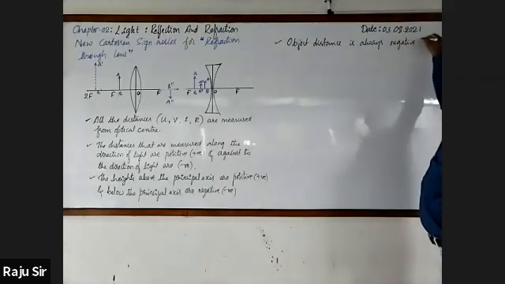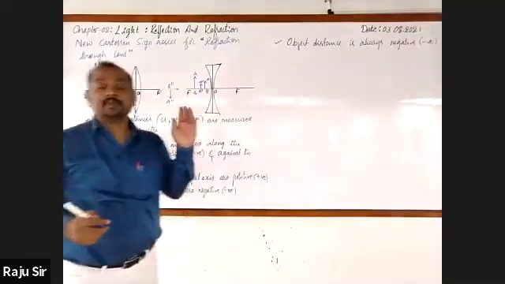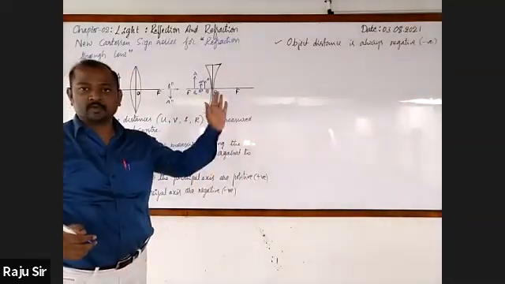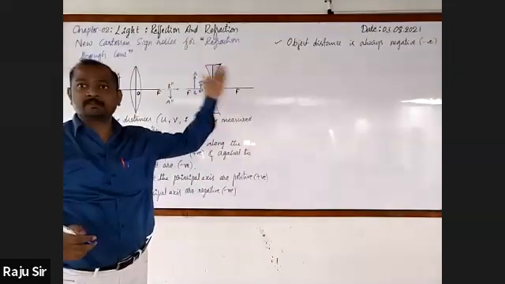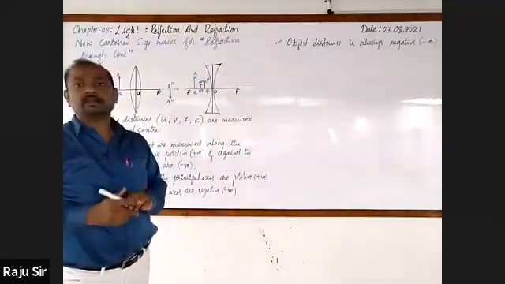Why is it always negative? Because it is on the left side. It is always measured in the direction opposite to the direction of light. That is why it is negative.